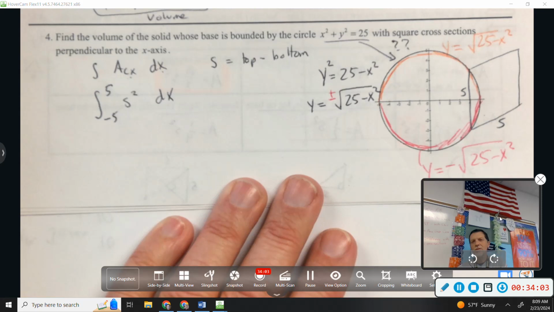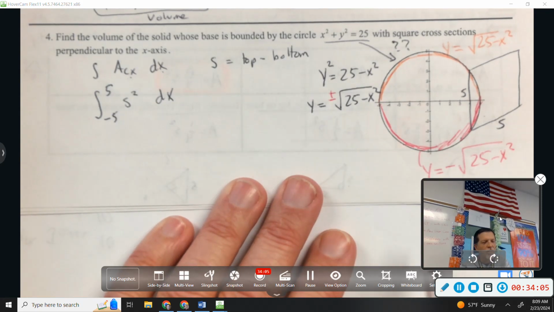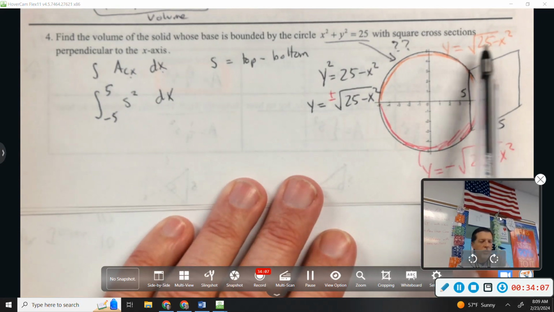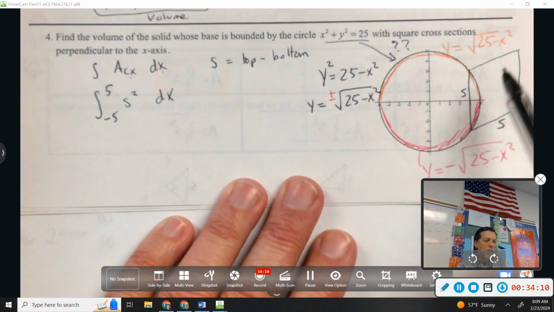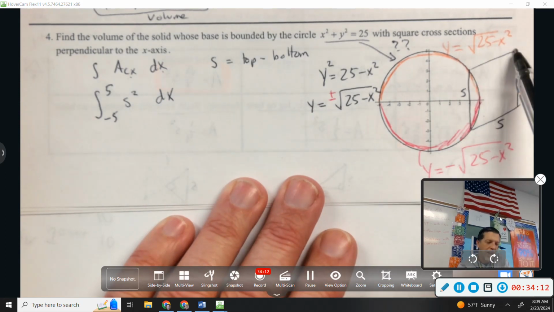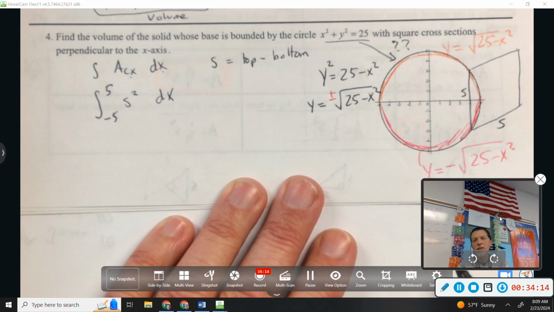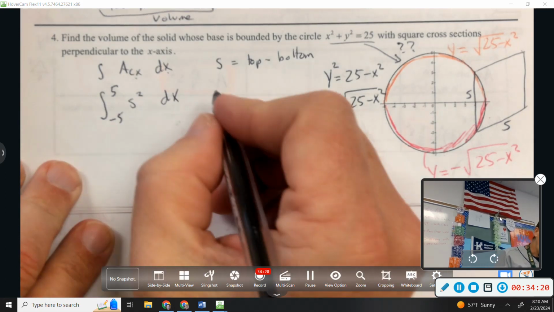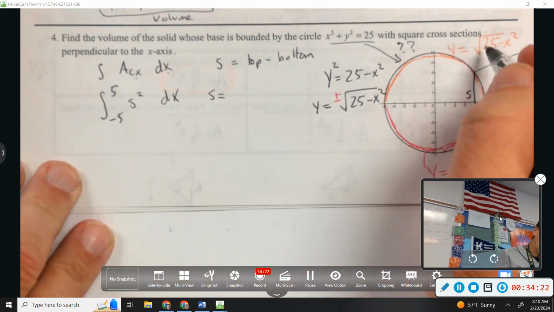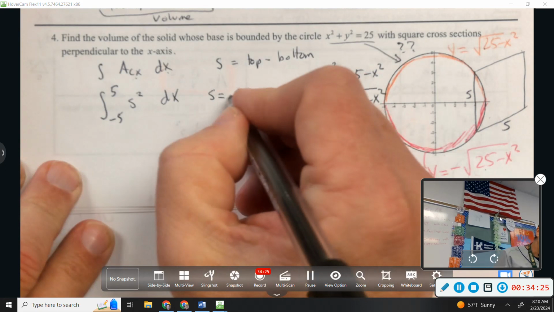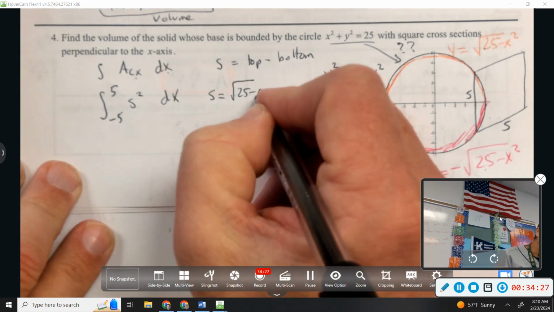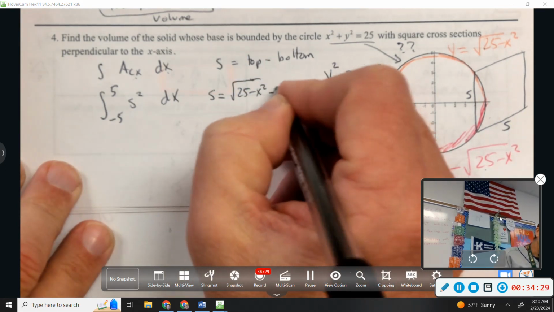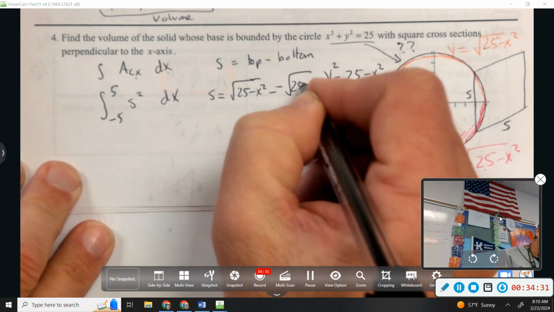So that's weird. It's one equation to trace out the whole circle, but when it comes to doing top minus bottom, you need an equation with x in it. You need a y equals equation. So solve the equation you've got, and it turns out there's two equations, but you need them both. So S is top minus bottom, square root 25 minus x squared, minus negative square root 25 minus x squared.